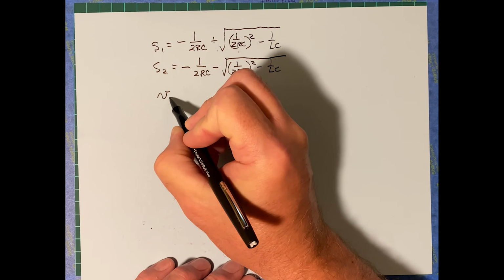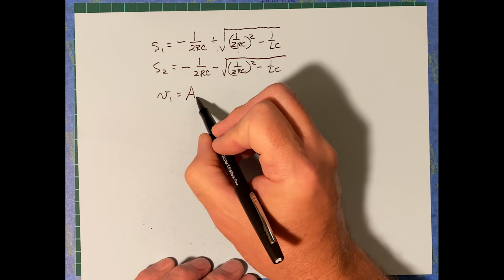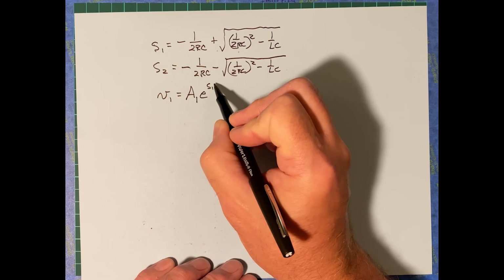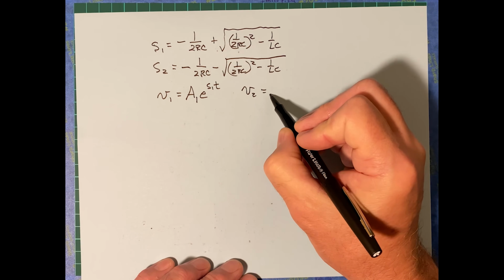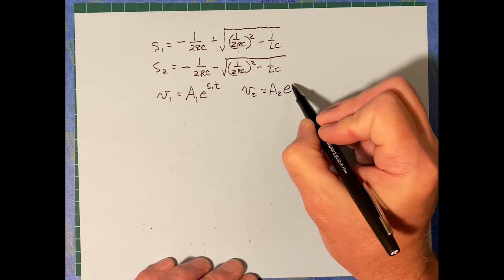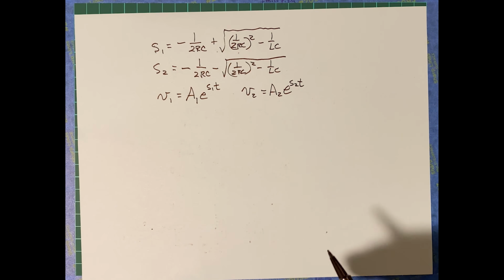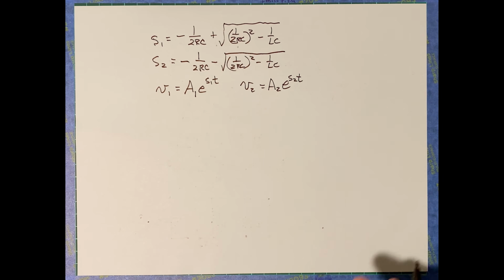We could say voltage 1 is equal to A1, and let's give this a new subscript because they don't have to be the same A now, e to the S1t, and then voltage 2 could be equal to A2 e to the S2t. They have different coefficients, so we'll give them different subscripts.